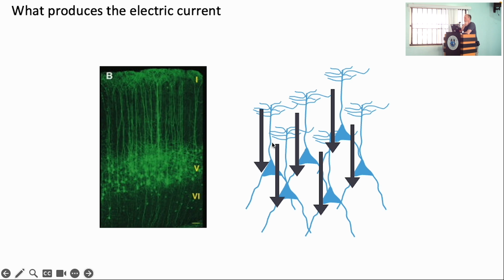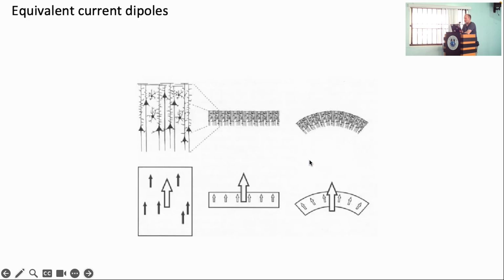These currents are so small that we cannot observe them, unless you do a patch clamp recording in an animal, or use a sharp tip electrode placed directly in the brain of an animal. With EEG, we look at this from a much larger distance. So rather than thinking about individual neurons, we have to think about the larger scale. This is where equivalent current dipole modeling comes in.